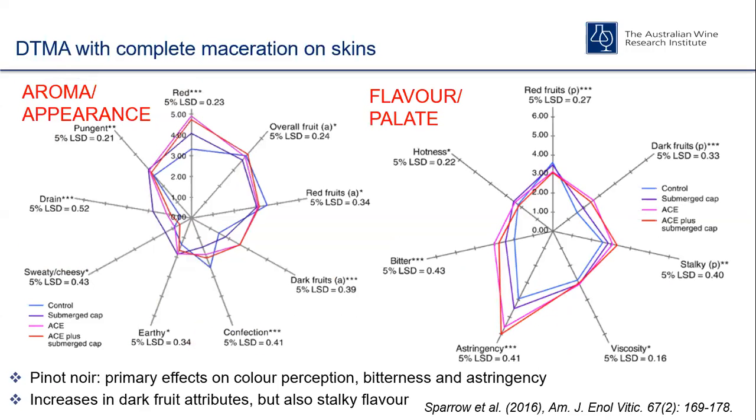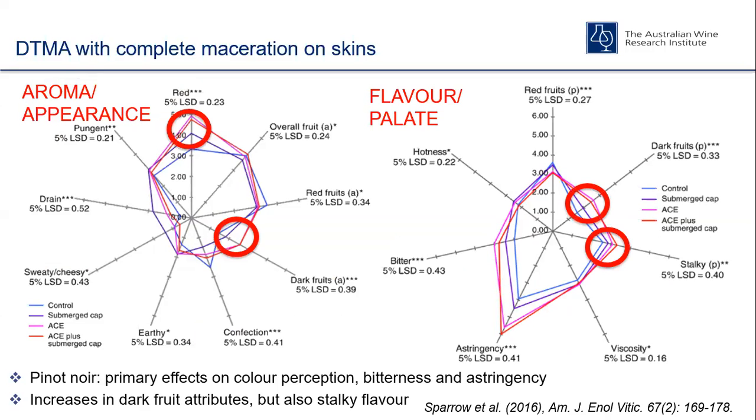Looking at the sensory outcomes here from that initial trial, looking simply at a control treatment and then a DTMA maceration treatment. In this case, they looked at submerging the cap or not submerging the cap and didn't see large changes due to that effect.